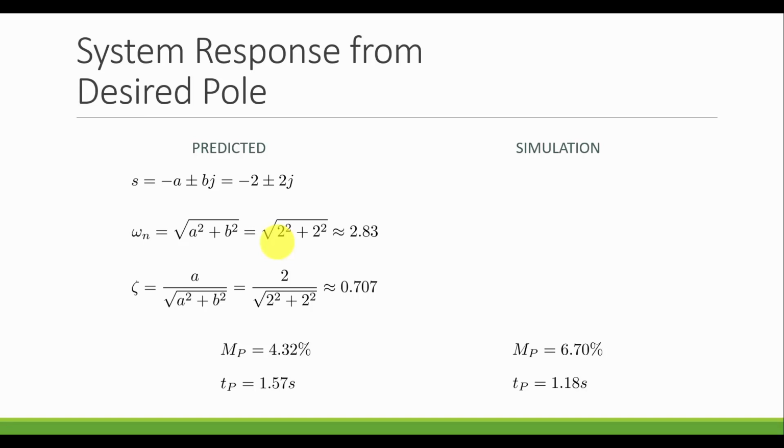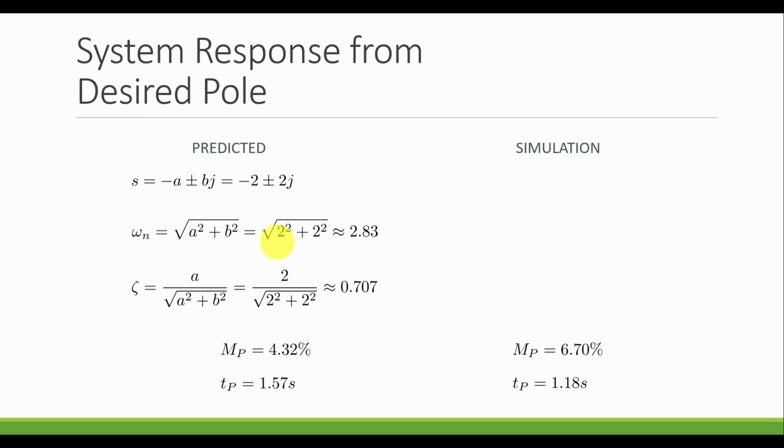And this was expected because that extra 0 in the left half plane should, from the baseline second order system, shift the max overshoot up and the peak time down. Now, when we put that limiter in, we're going to see a less drastic effect because we can't achieve such a high input, but we should still expect a higher than 4.32% overshoot and a smaller than 1.57 second peak time, and we did before.